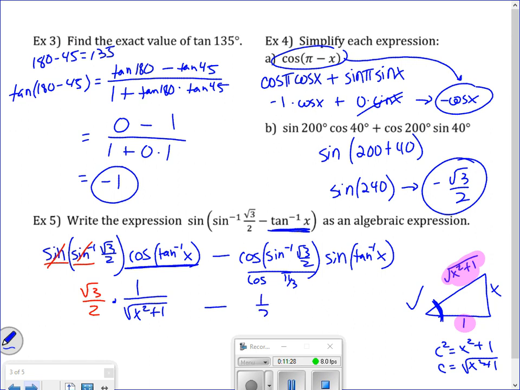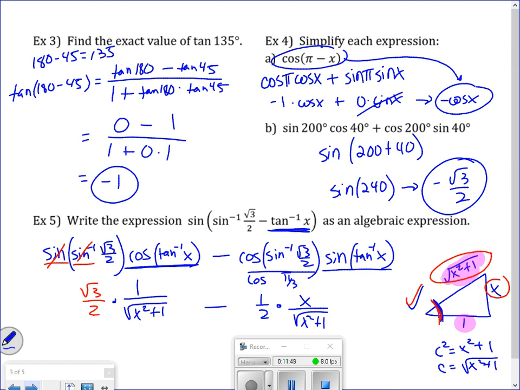So I'm going to put a 1/2 times. Now this is asking me for the sine of the angle whose tangent was x. So I'm going to go back to my picture over here. What is the sine of this angle right here? Well, the sine is the opposite over the hypotenuse. So I will put x over the square root of x squared plus 1.